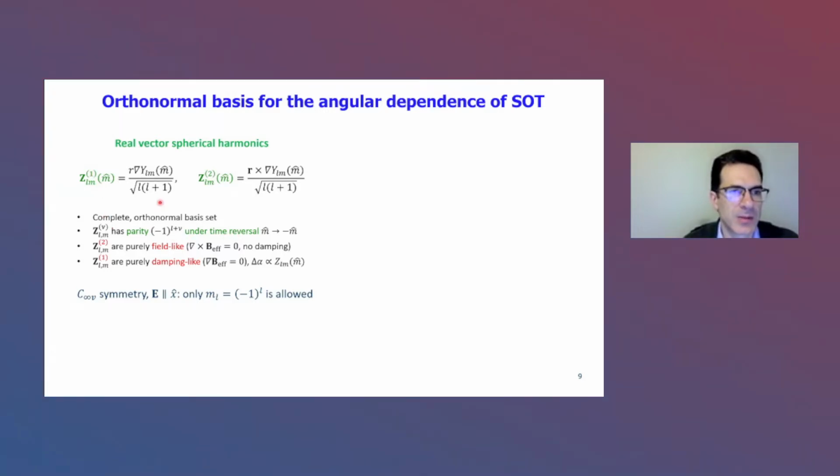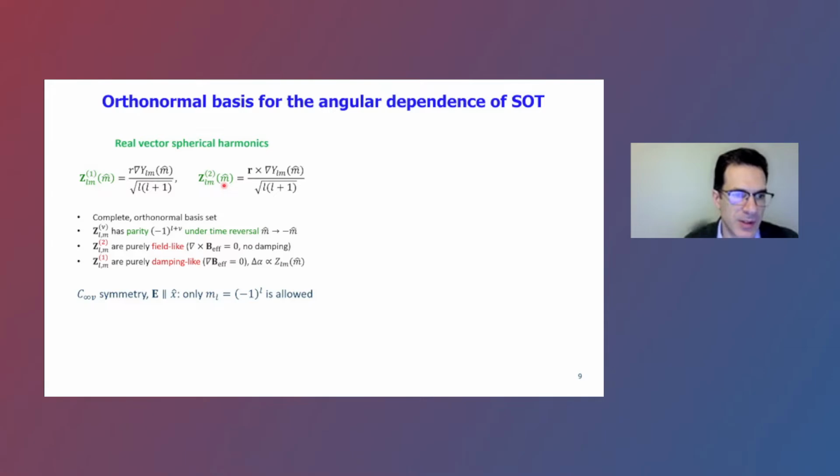And there are two types of these functions. Type 1 is purely damping-like, and it can contribute to magnetization damping and affect the width of the FMR resonance. Type 2 is purely field-like, which means they are derivable from an energy functional.